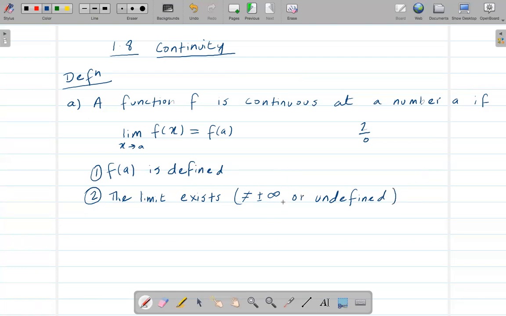So this should be the condition to say that a certain function is continuous.